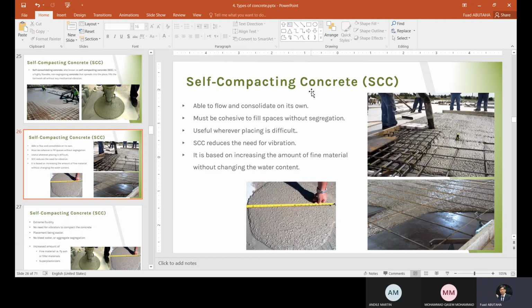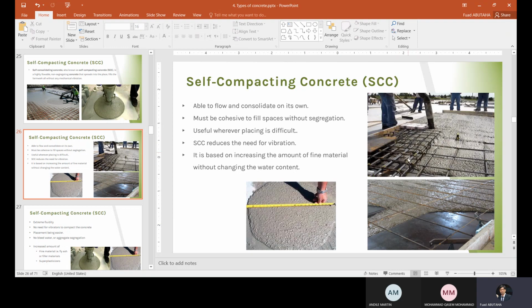As the name says, it is compacted by itself. It has high flowability and can reach all the spaces by itself. And when do we need to use this kind of concrete?